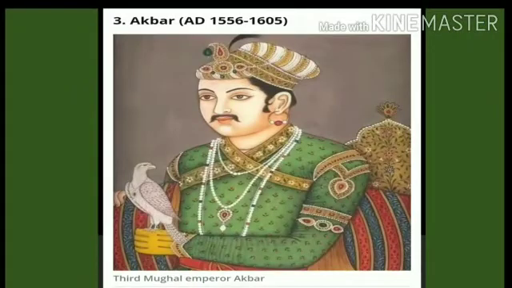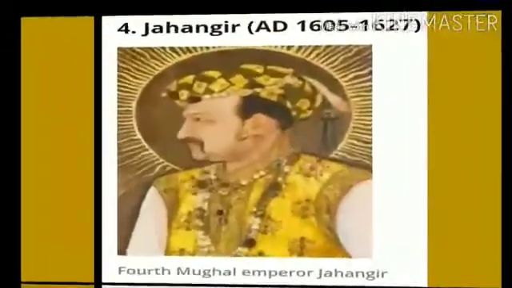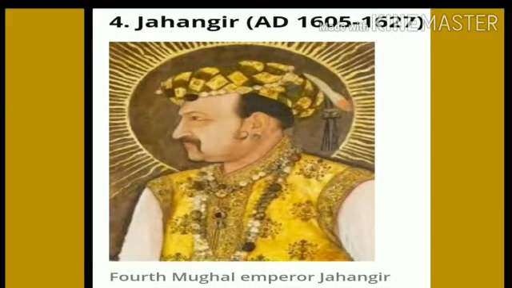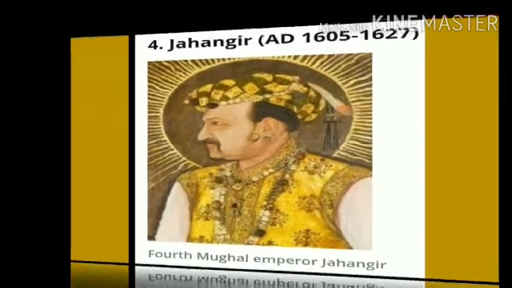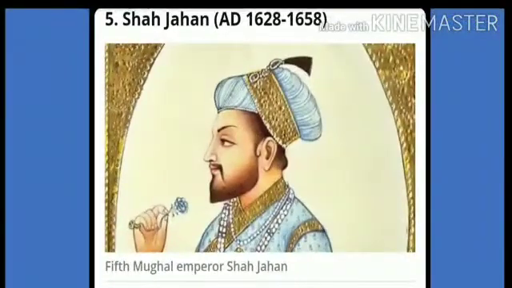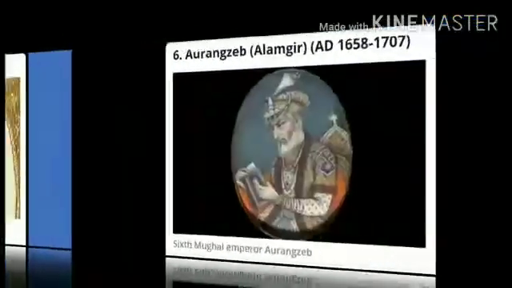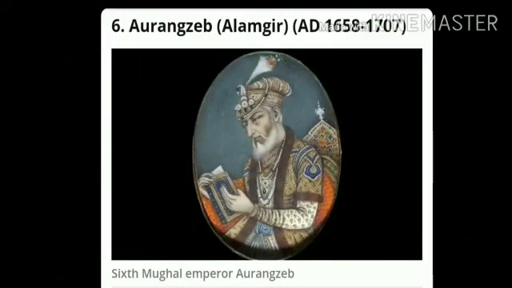Then Akbar, third Mughal emperor. Jahangir, fourth Mughal emperor. Shah Jahan, fifth Mughal emperor. Then Aurangzeb was sixth Mughal emperor. Okay, children?